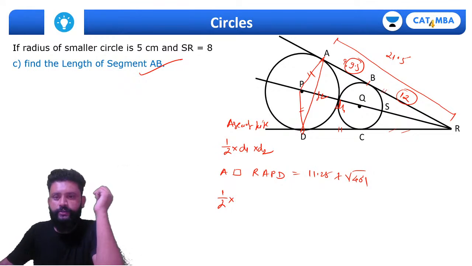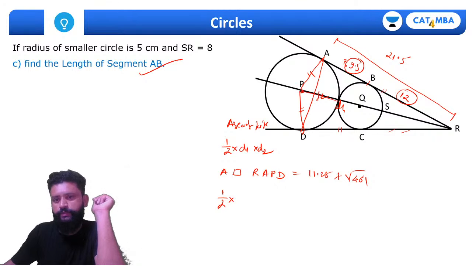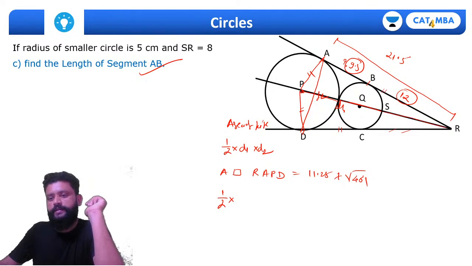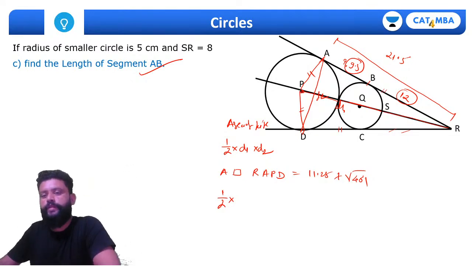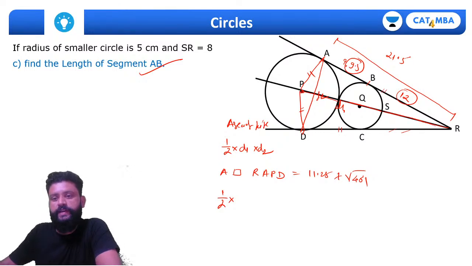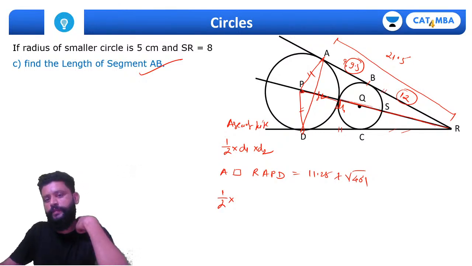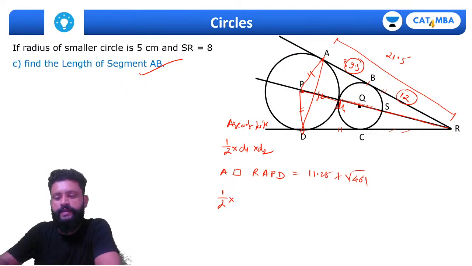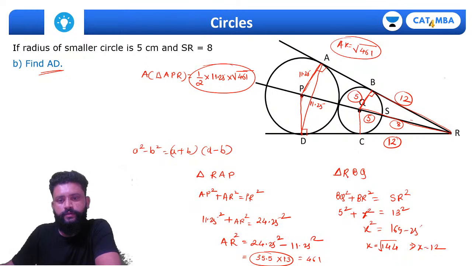Okay, so d1 we know completely, from here this is 11.25, then this is 10, and then this is 13, sorry, 8 plus 10 is 18, 18 plus 11, that has to be PR. What was PR that we took? 11.25 plus 5 is 10 point.